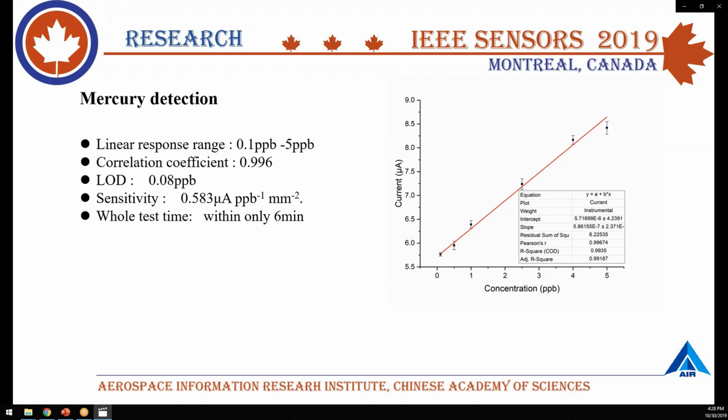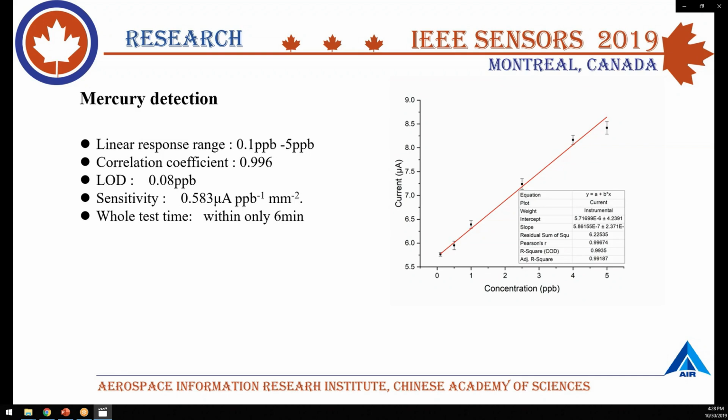The linear curve is shown in the image. The linear response range is from 0.1 ppb to 5 ppb with a correlation coefficient of 0.996. The LOD is 0.08 ppb and the sensitivity is very good.